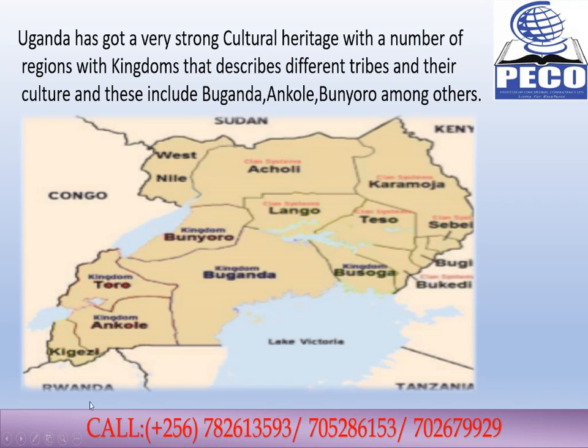Different tribes, regions with the kingdoms that describe different cultures. So, in the map of Uganda, we have these different kingdoms that are talked about. We have Bunyoro here, we have Lango, we have Acholi, Toro, Ankole here, Buganda, Busoga, Teso, and the others as we see them on the map.